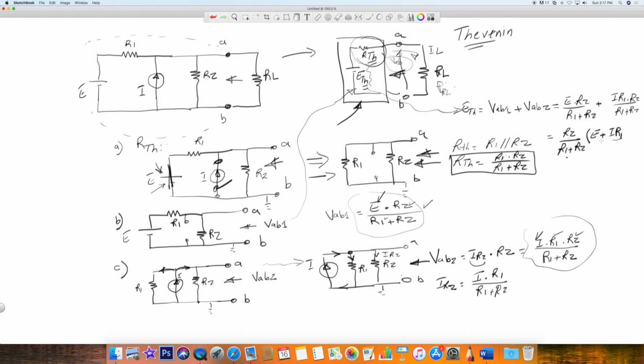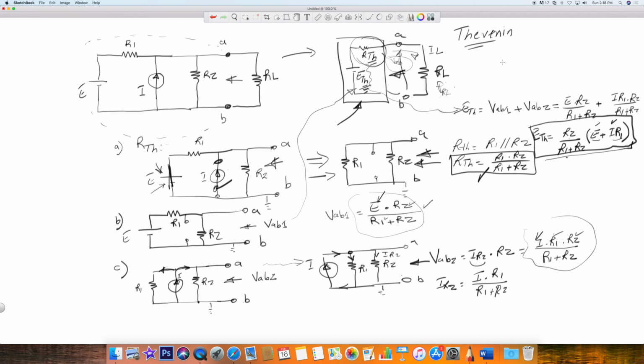Now remember, this is a voltage. This is a voltage, so that's good. And that would be your final VTH right there. Okay, so we have this, and then we have ETH right here. So that would be ETH for this circuit.